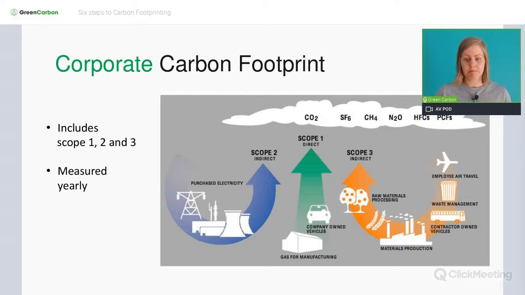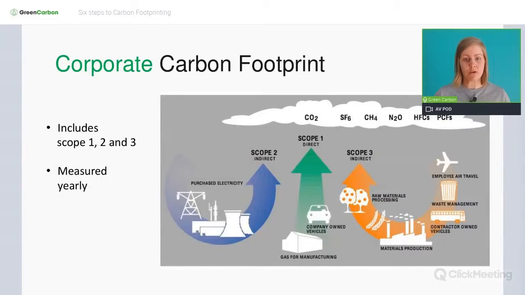And now we look a little bit closer at the corporate carbon footprint. The corporate carbon footprint consists of three different categories. All the emission sources that are included in the corporate carbon footprint are classified into three categories, and those categories are named scopes.